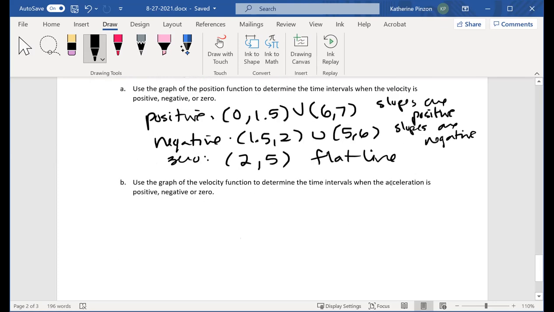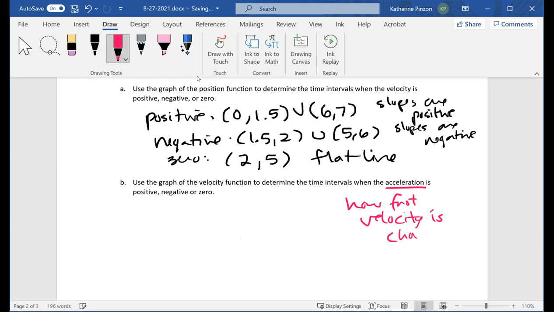To determine the acceleration, what's the acceleration? The acceleration is the derivative of the derivative, how fast the velocity is changing.